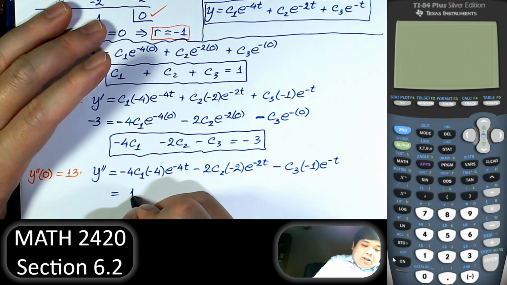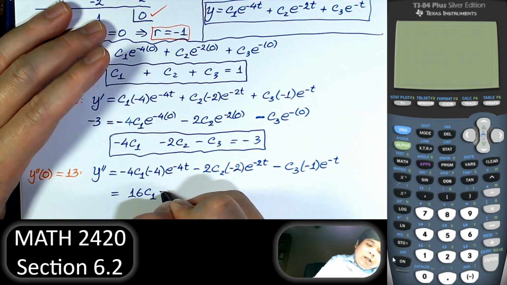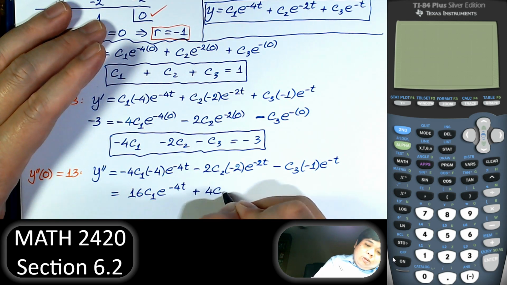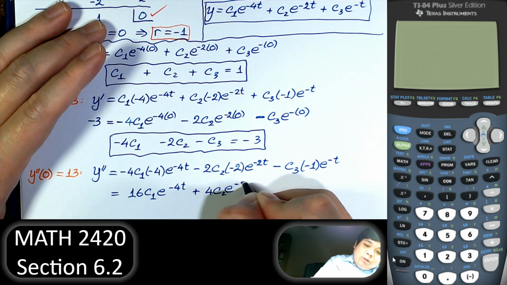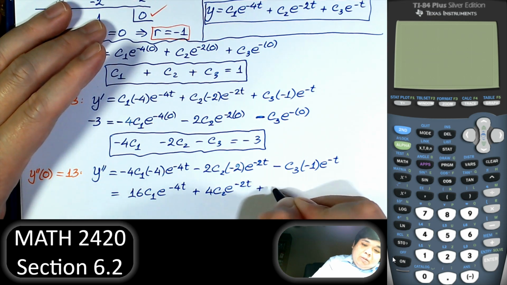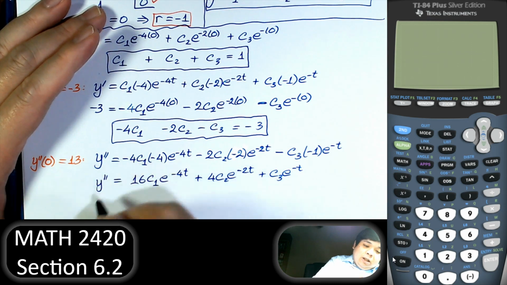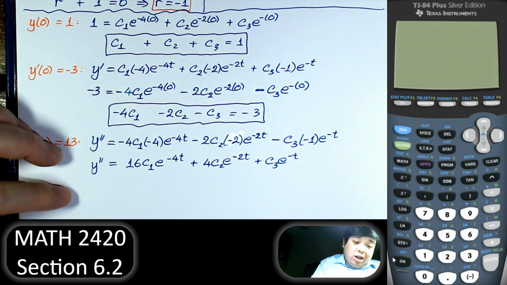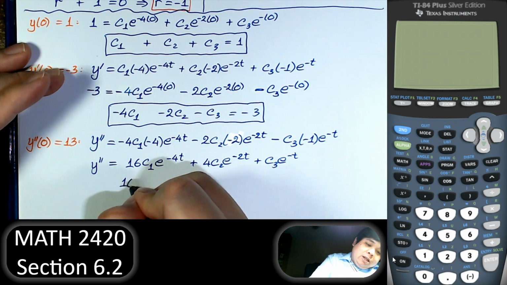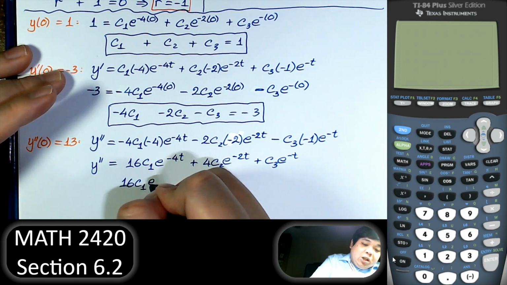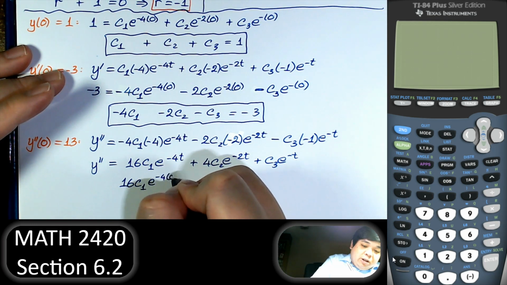So this gives us 16c1 e to negative 4t plus 4c2 e to the negative 2t plus c3 e to negative t. And the second derivative is equal to 13. So we have 16c1 e to the negative 4 times 0.